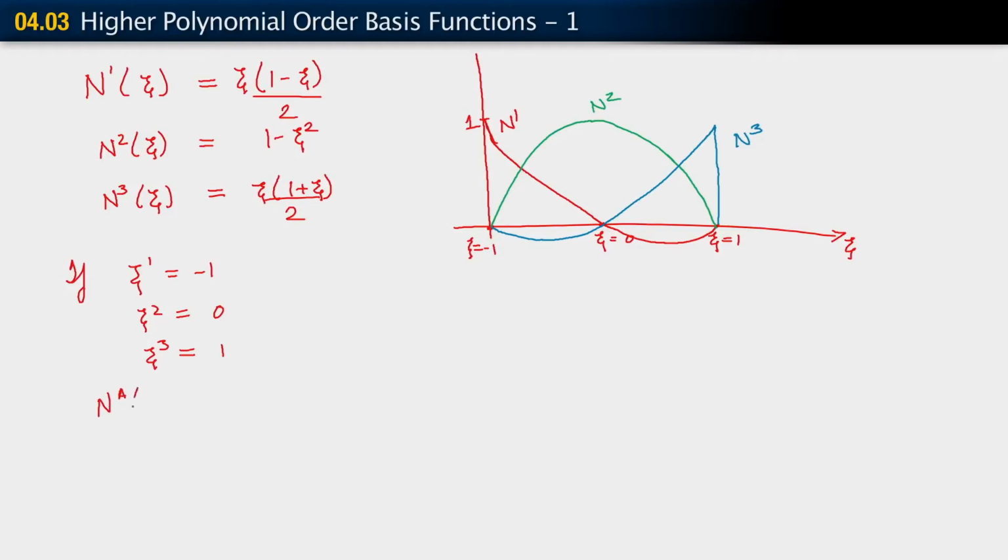N_A evaluated at C_B equals delta_AB. The same Kronecker delta property that our linear basis functions possess.